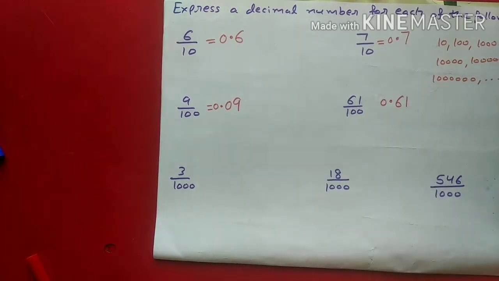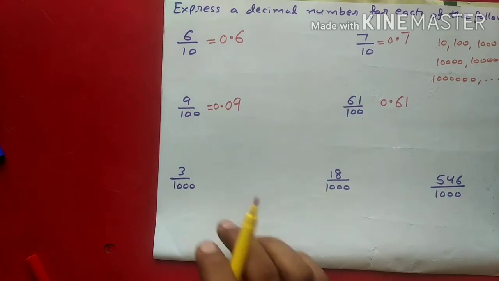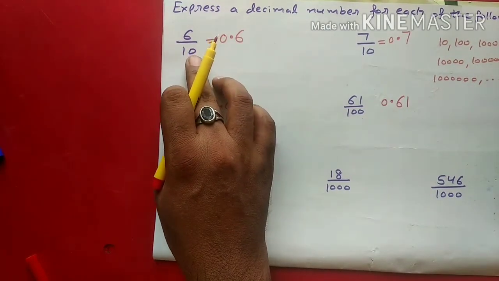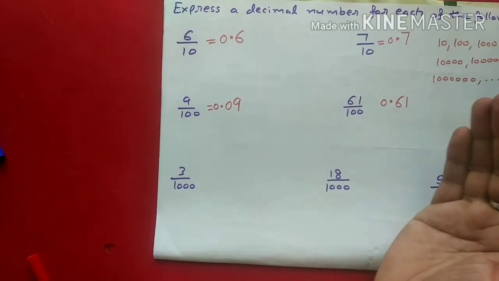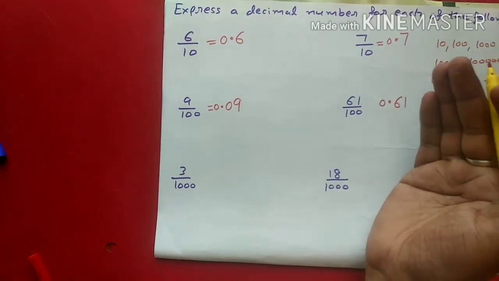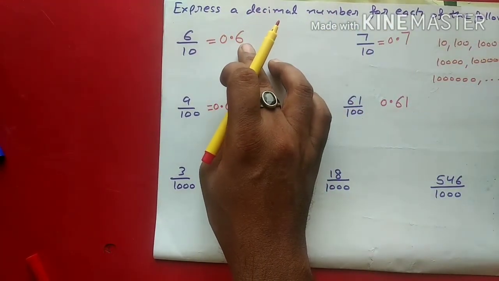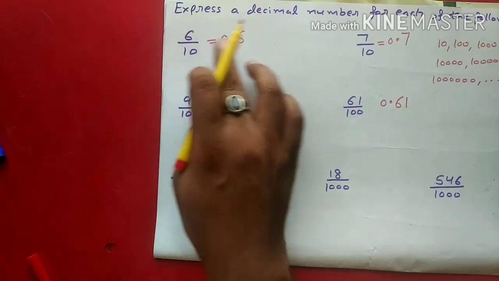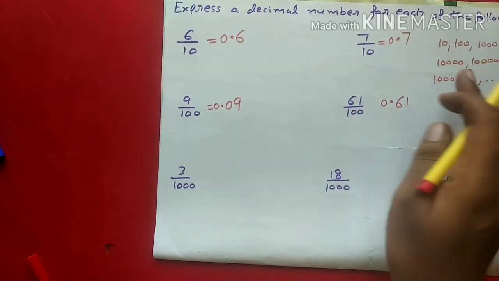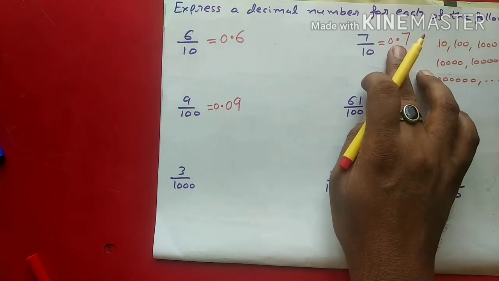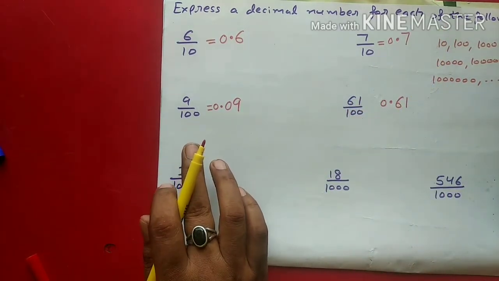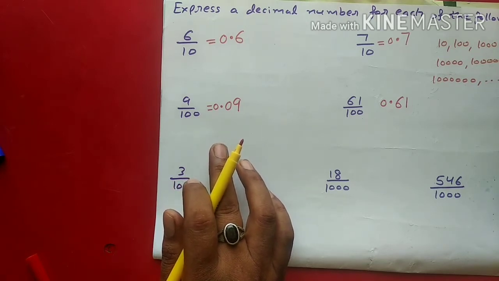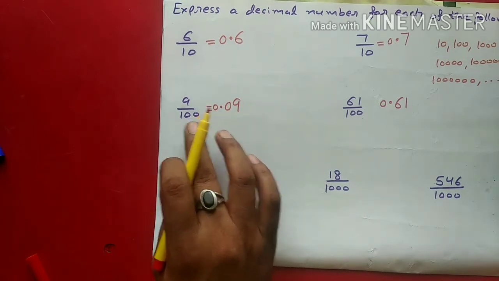Okay student, now you have come to an idea that if there is one 0, then you will mark the decimal after one digit counting from the right. So you count one digit from the right, then you mark the decimal. But here there were two zeros, so you will have to write two digits because there are two zeros.